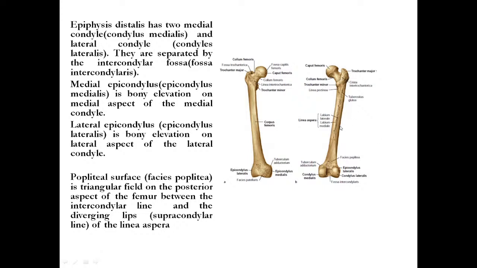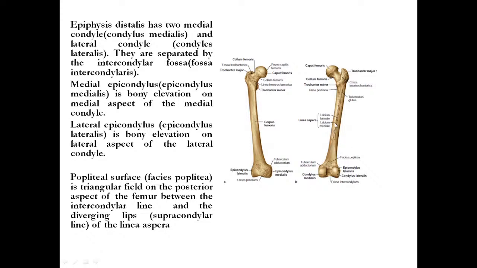On the posterior surface of the femur you see condylus medialis and condylus lateralis, between them the fossa intercondylaris.